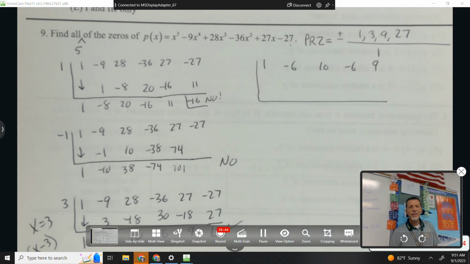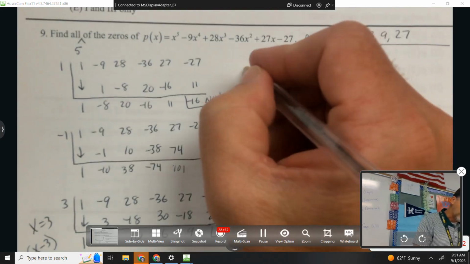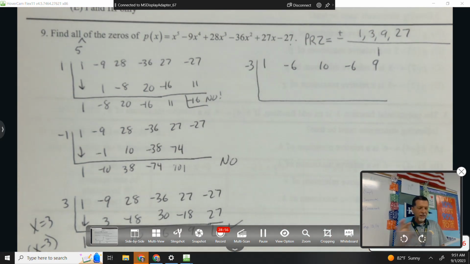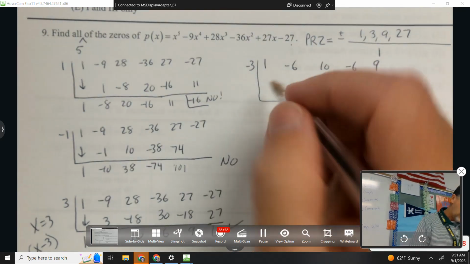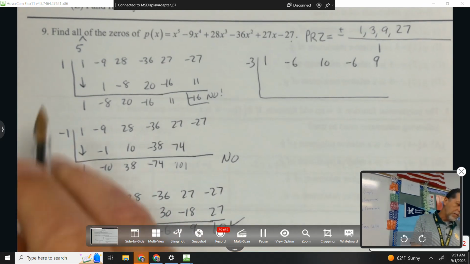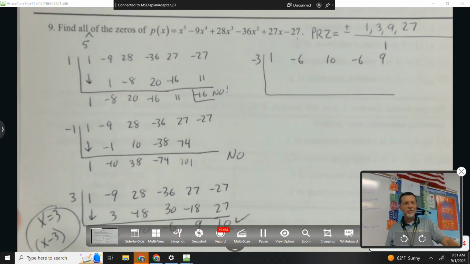Shoot, 1 and -1 are already out. They're not going to work. I tried 3. Try -3. Again, I'm trying on my reduced coefficients, so at least once you find one, it gets easier. Make a note once you find one, don't forget we found one.